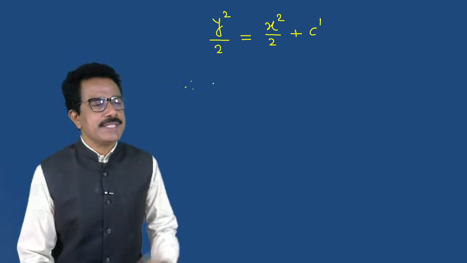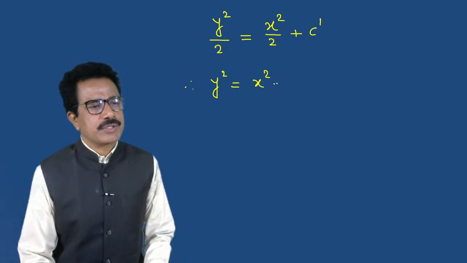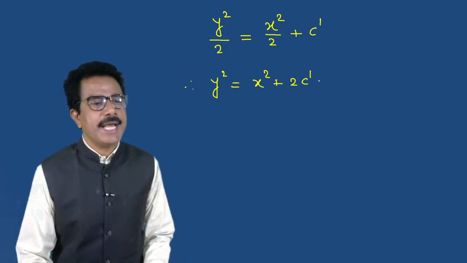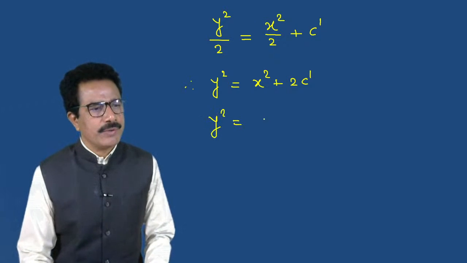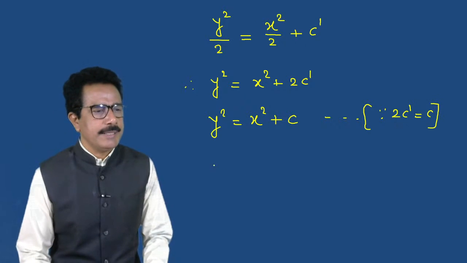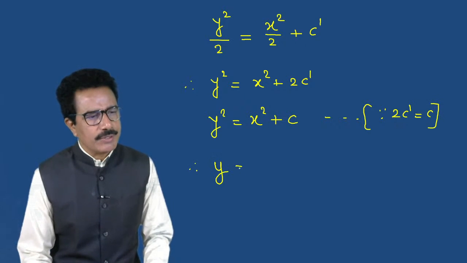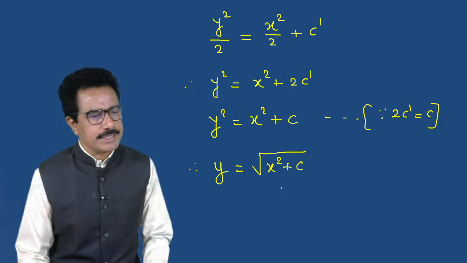So multiplying by 2, y square is equals to x square plus 2 into c dash. Now 2 into c dash can be written as c. So y square equals to x square plus c. We can write since 2c dash is equals to c. So the required solution is y is equals to root of x square plus c.